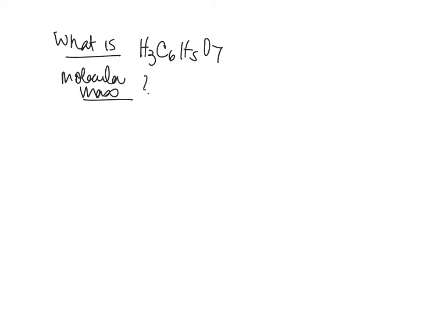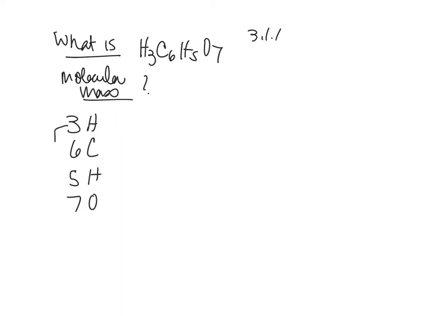And this is your checkpoint 3.1.1. Okay, well, first thing, you see these subscripts, they tell you how many atoms of each element there are. So you have 3 hydrogen, you have 6 carbon, you have 5 hydrogen, and 7 oxygen.